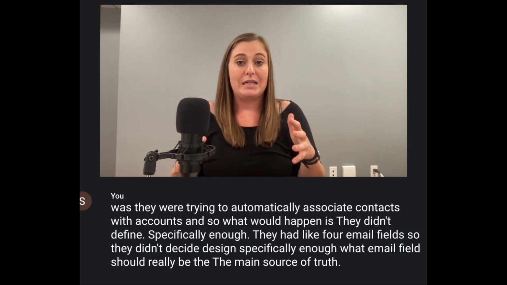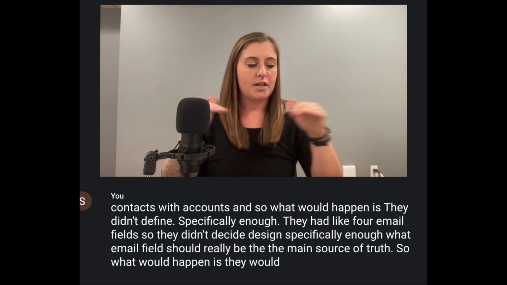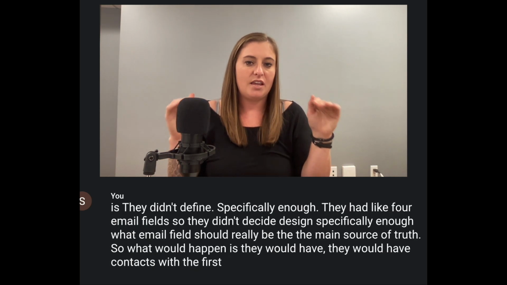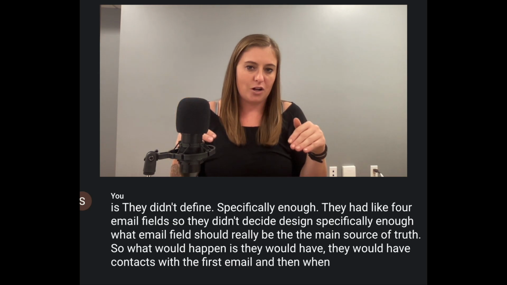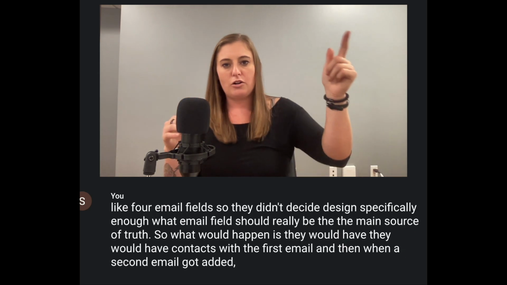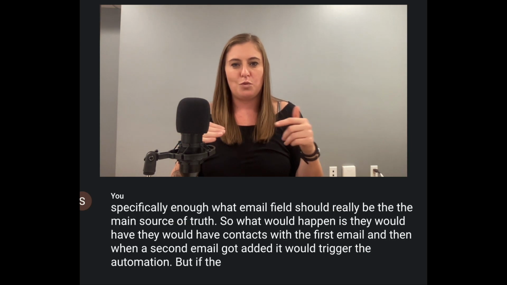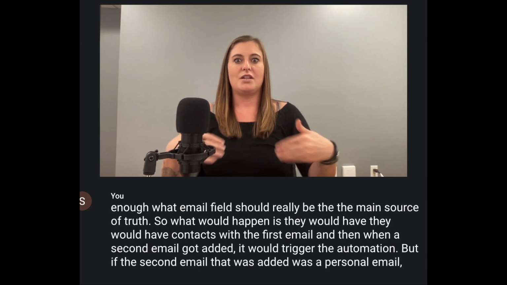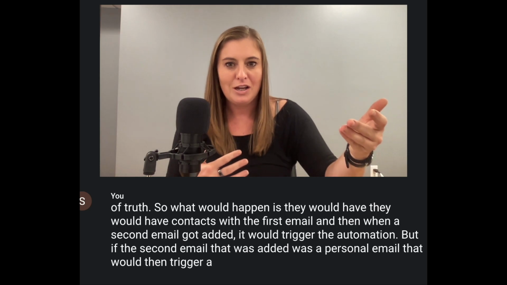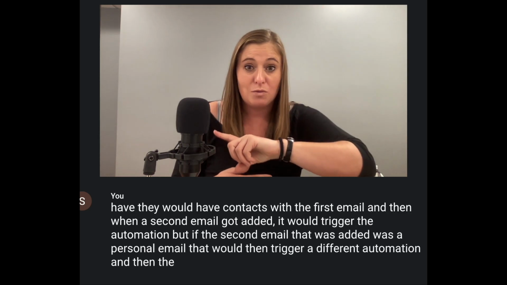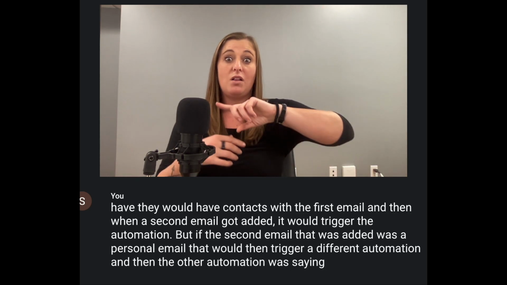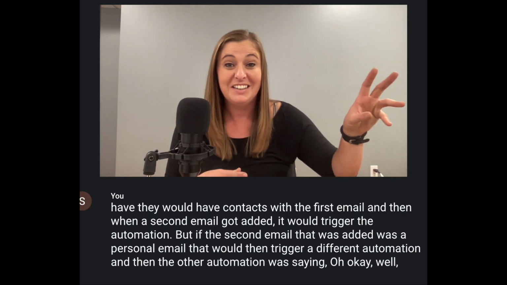So what would happen is they would have contacts with the first email, and then when a second email got added, it would trigger the automation. But if the second email that was added was a personal email, that would then trigger a different automation. And then the other automation was saying, oh, okay, well, delete it.